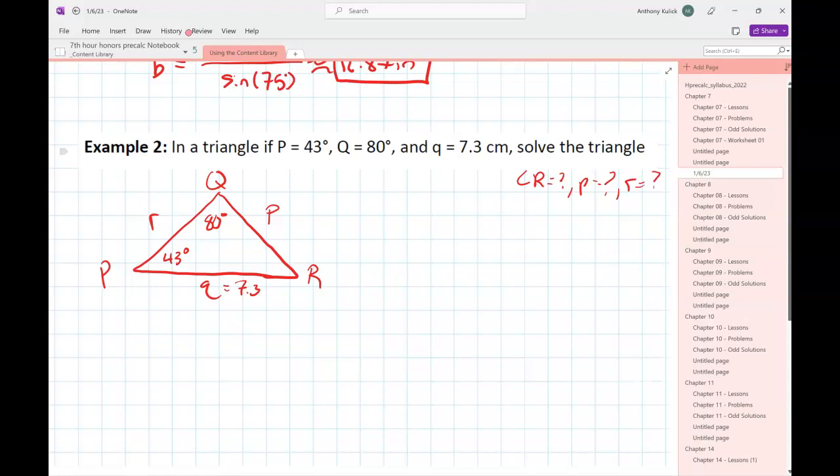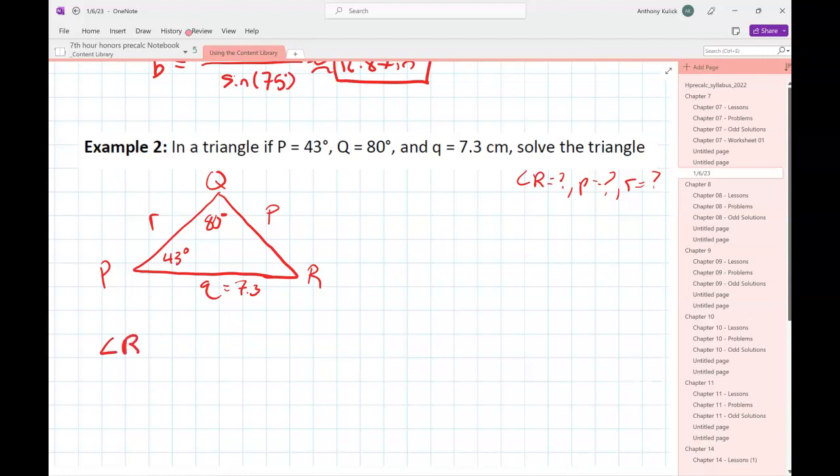Now, straight away, I could solve for what two things first? I have two choices. Angle R would be one of them, and the other is side P. Excellent. Either one of those you could do first. Does it matter which one you do first? No. Which one do you think I'm going to do first? Angle R. Why?